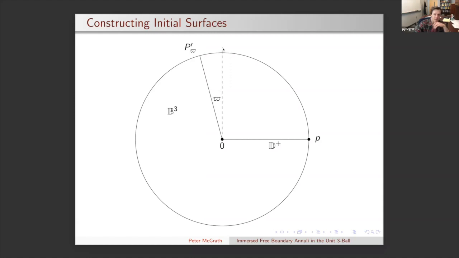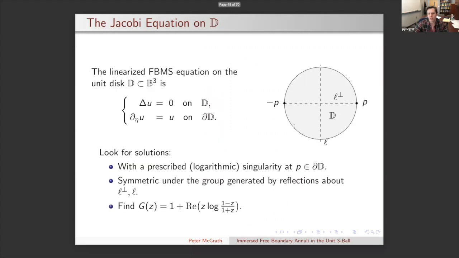So I take that vertical plane, tilt it by varpi, and call that plane P prime varpi. What I would like to do is construct a fundamental patch, basically a free boundary minimal disk that is mostly graphical over this D+. I would like it to meet this inclined plane orthogonally. The patch that I'd like to put should have the symmetries from the previous slide.